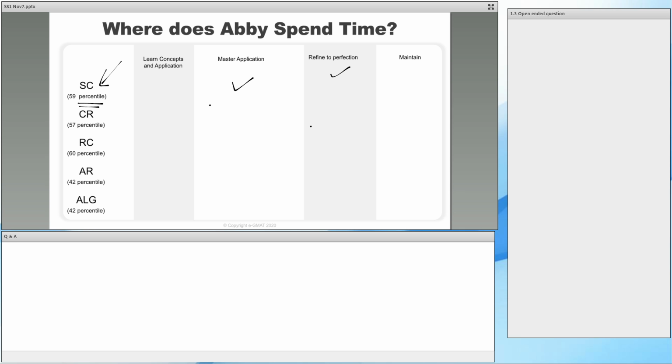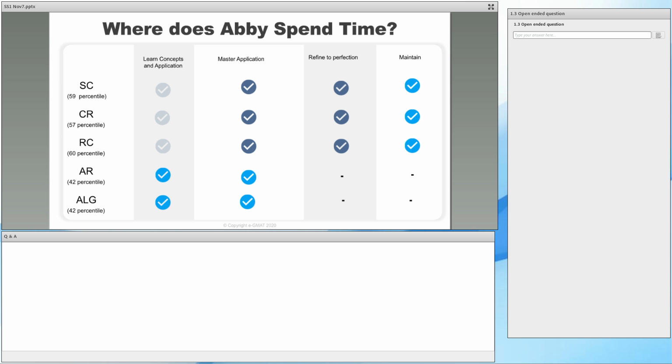What about on the quant side of things? What do you think Abby needs to do on the quant side, where she's at the 42nd percentile? Where should she be spending time over here? Learn concepts and applications, right? So essentially, if you are Abby, the darker circles are where you're spending time. Over here, you're not spending a whole lot of time, but over here you're spending a whole lot of time.